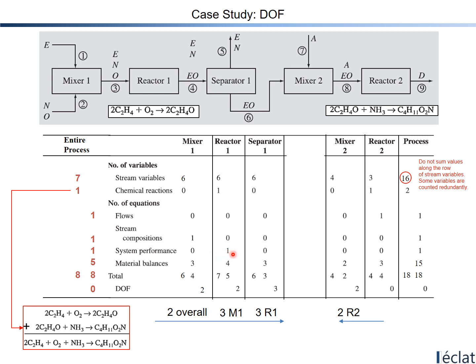System performance is 1, because 25% of ethylene is reacted. That is the system performance specification. How about material balance equations? We have 1, 2, 3, the same, 4. 4 compounds are there, so 4 material balances are available. So the total number of unknowns is 7 and the total number of restricts is 5, so the degree of freedom of reactor 1 is 2.